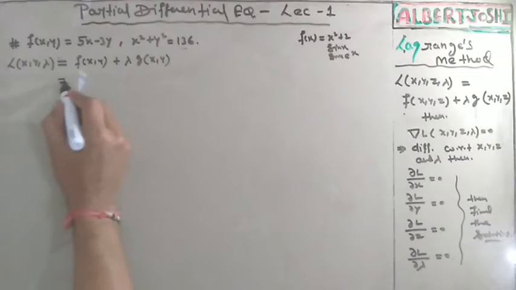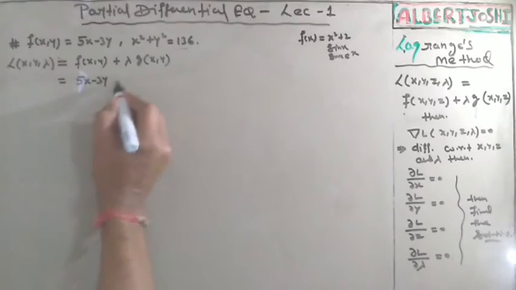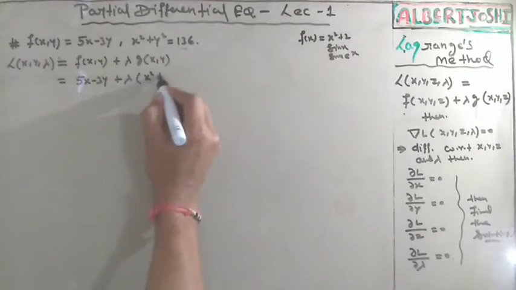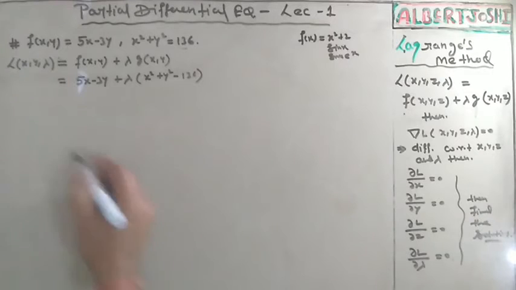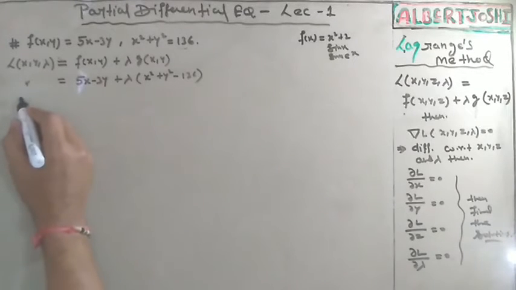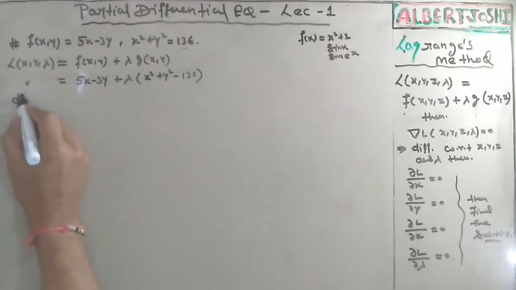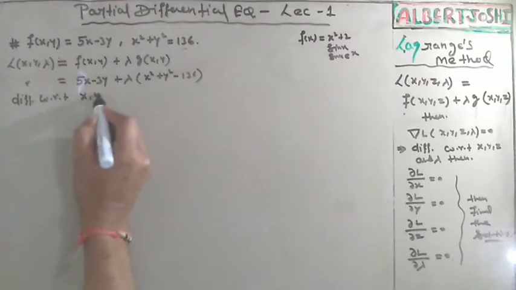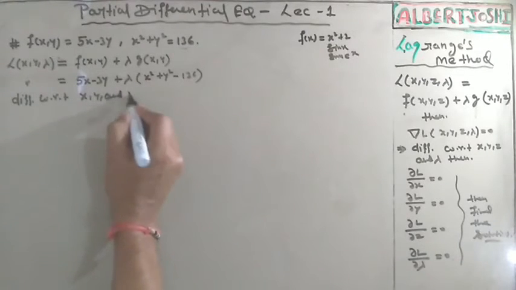So this one is equal to 5x minus 3y plus lambda times x square plus y square minus 136. Okay, so now we will differentiate with respect to x, y and lambda.